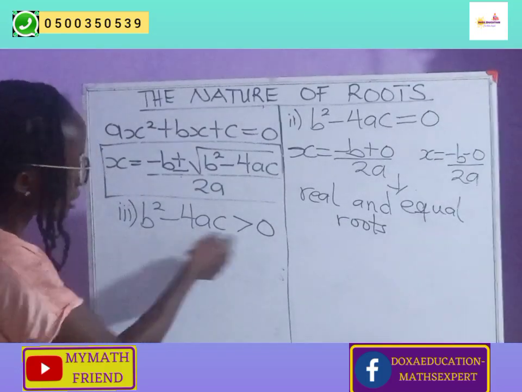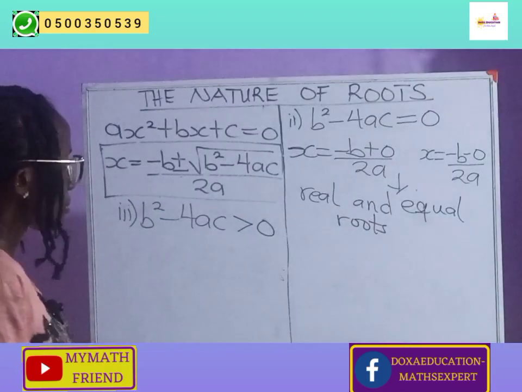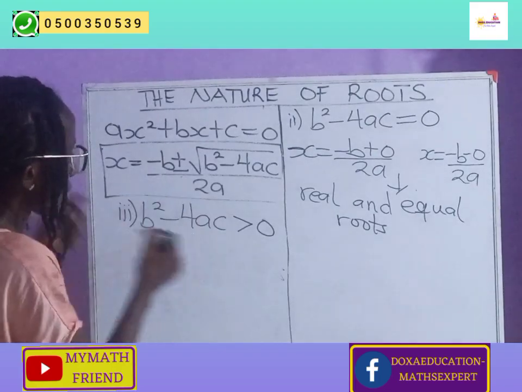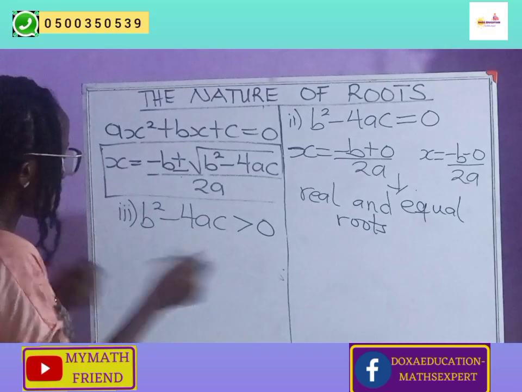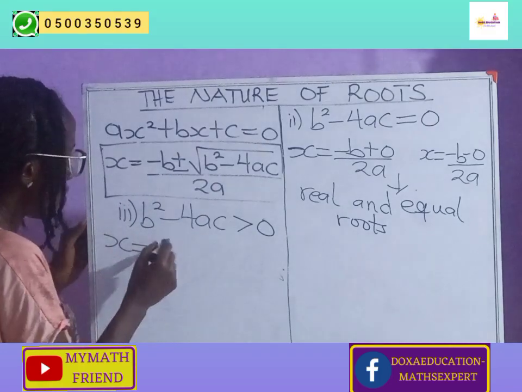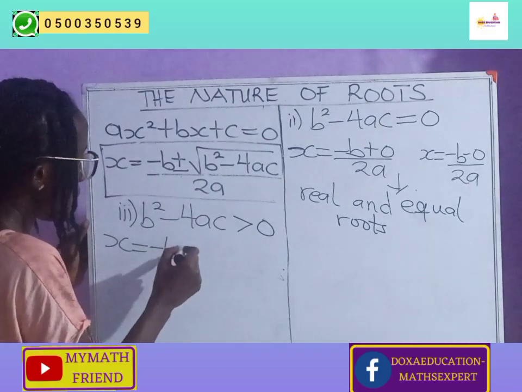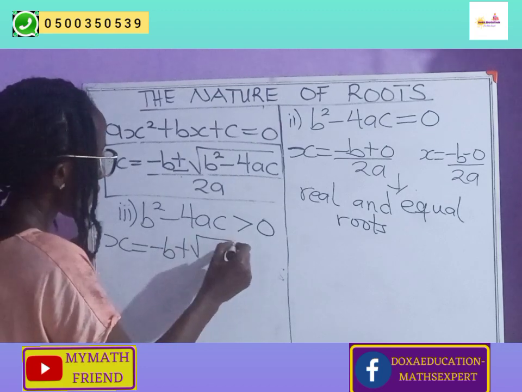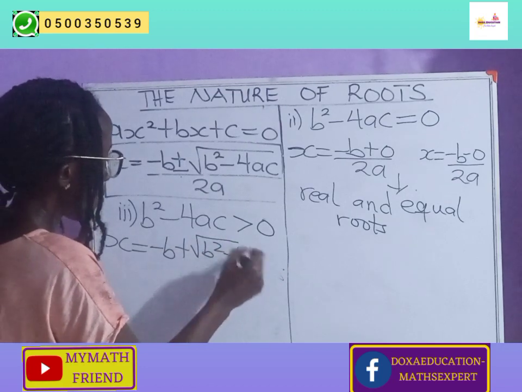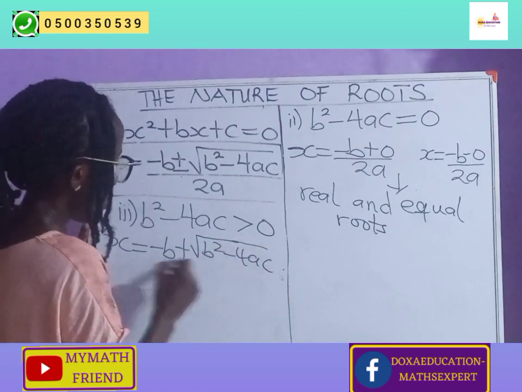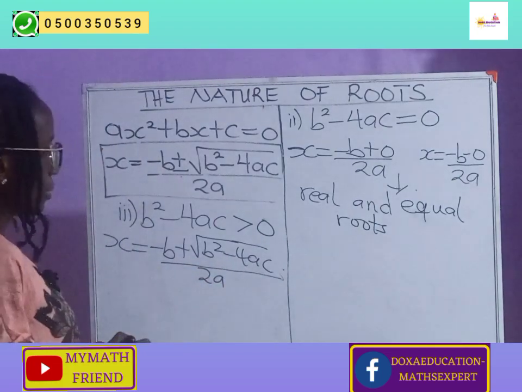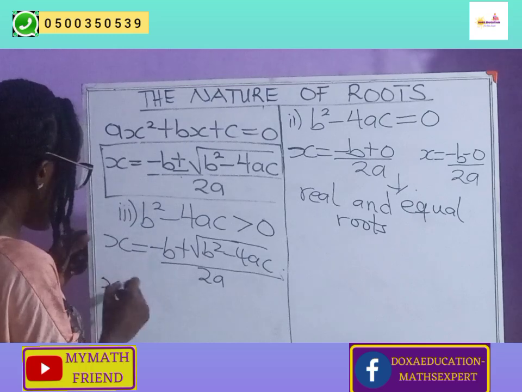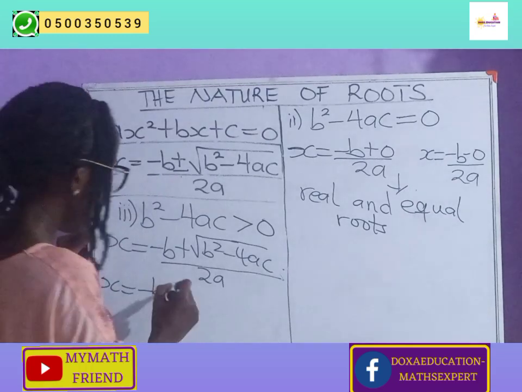If your answer is greater than 0, it means you place a number greater than 0 inside the square root. The roots will be of this form: x is equal to minus b plus the square root of b squared minus 4ac, all over 2a. Then you also have x is equal to minus b.